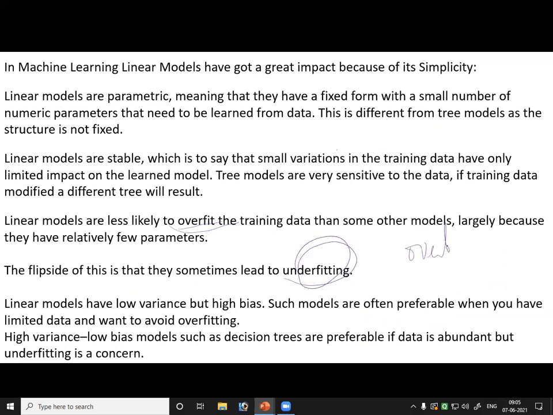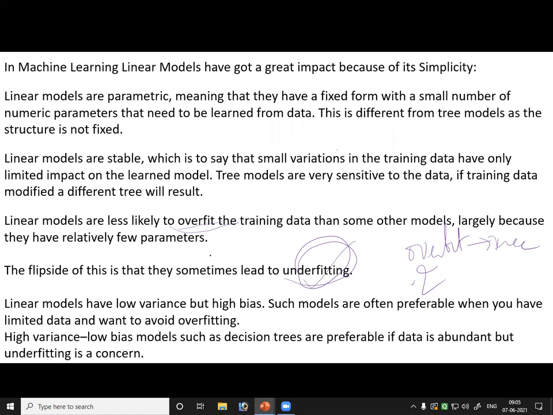Tree models suffer with overfit and linear models suffer with underfit. So when you want to avoid overfitting, then you go for a linear model. When you want a model which does not have any underfitting, then you will go for tree models, as simple as this.